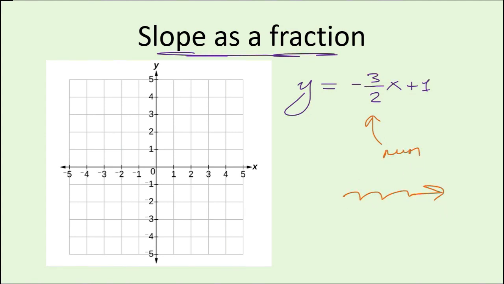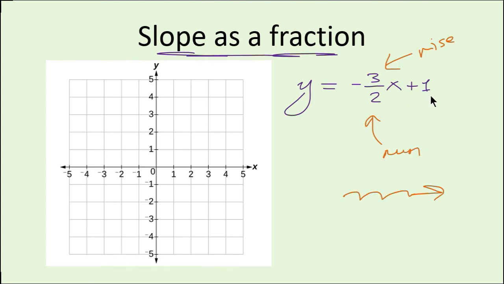And the numerator here is going to be rise. So that's how much you go up or how much you go down, depends on this sign. If this is negative, that means you will go down. If it's positive, that means you will go up.